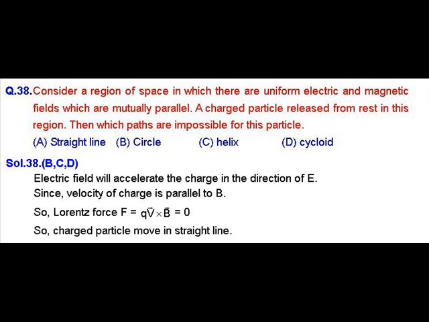So the only force acting on this charged particle will be the electric force, and it will move the charge in a straight line. So the impossible paths that we were asked to tell will be circle, helix and cycloid. So the correct options in this question will be option B, C and D.